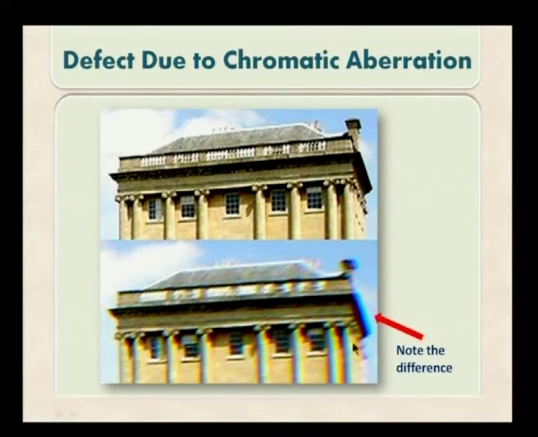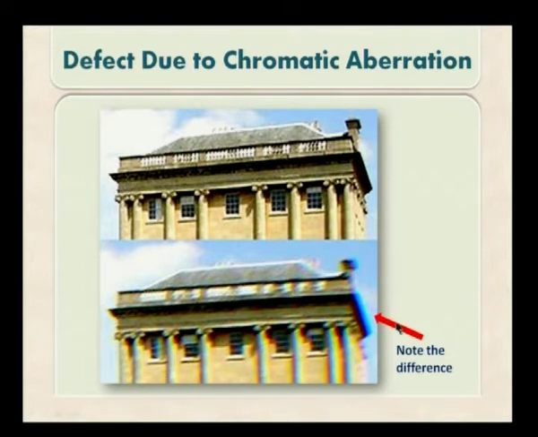The real image undergoes some kind of deformation or change, there is a defect, and it is the chromatic aberration. Chroma is color. You see this end now looks somewhat bluish in color. The image is not as clear as the original image. This is the original building, but the image that you catch through the lens appears to be somewhat defective.